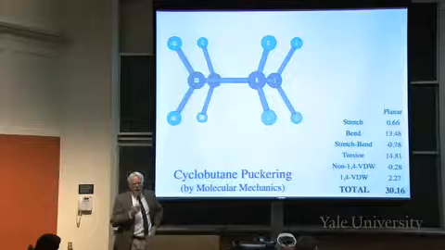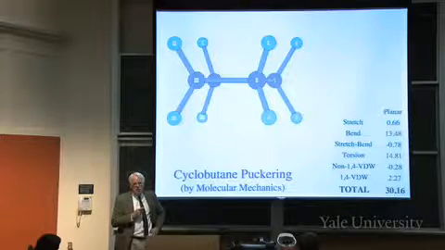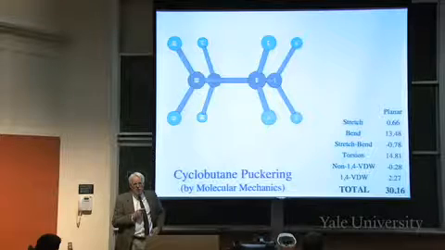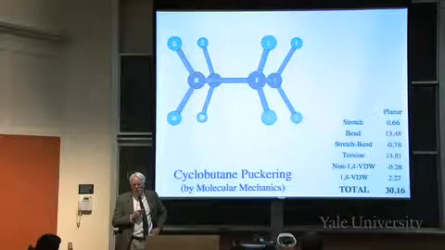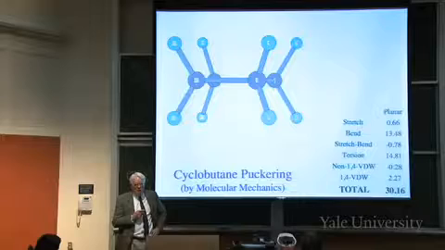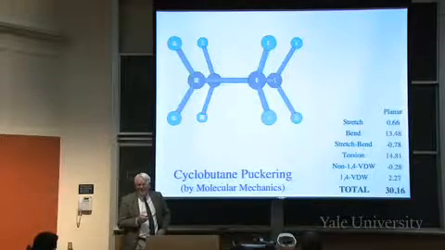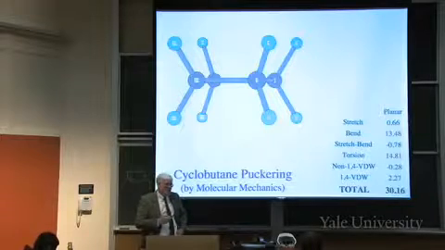Now, how would you try to minimize the energy? Is this probably the lowest energy form, or can you think of changing it so that it'll be lower? Any ideas, Kevin?